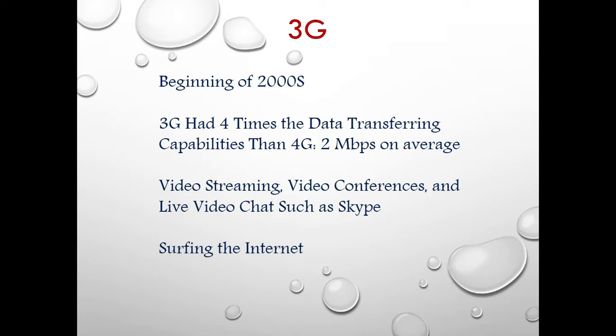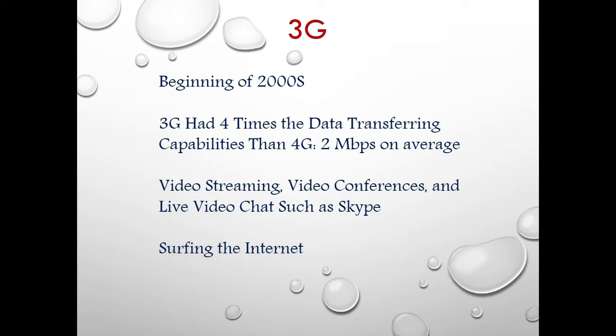It was in the beginning of 2000, and it could bring using and surfing on the internet widely. At that time, people were experiencing using some video conferences, video streaming, and some popular software such as Skype appeared to connect people around the world.